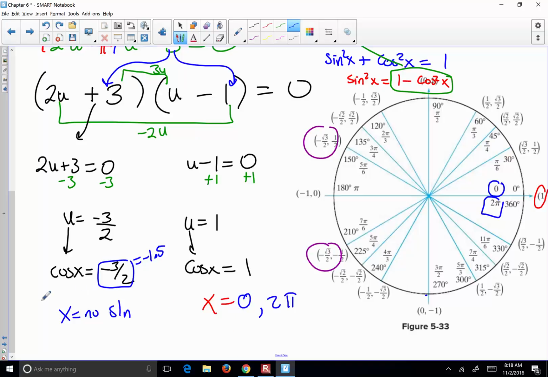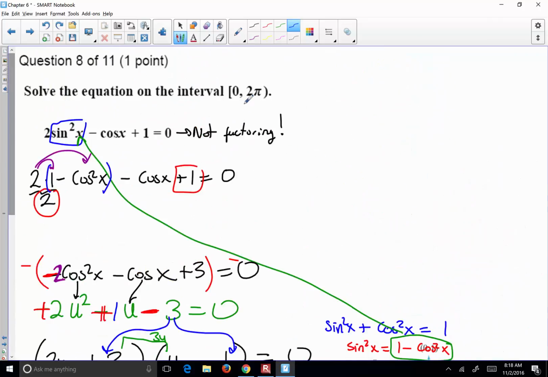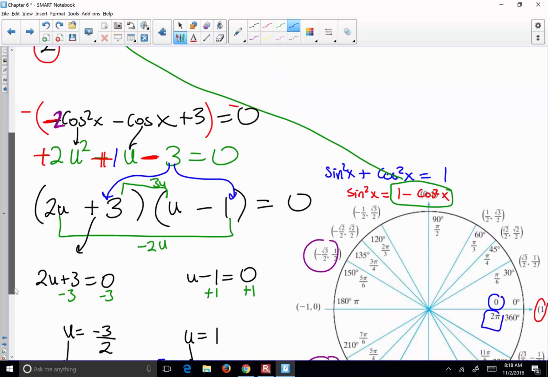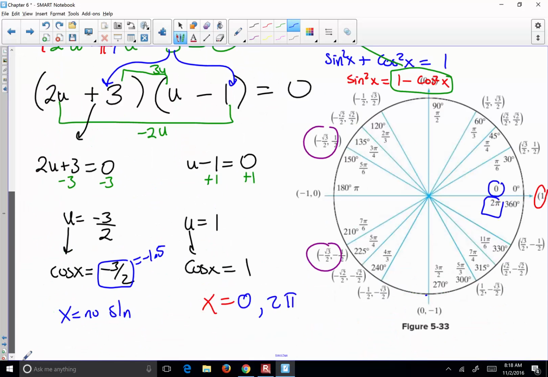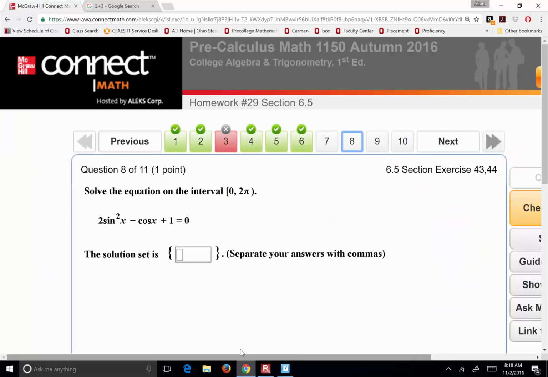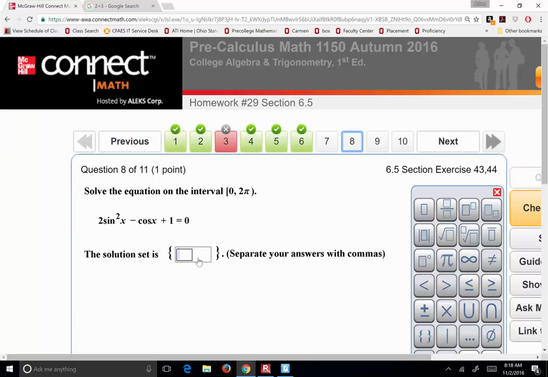Tough question, huh? What does this say? Not including 2 pi. So your dilemma has been resolved. You can't consider 2 pi here, only 0. Okay? Alright, we're good. It's just a single solution here.